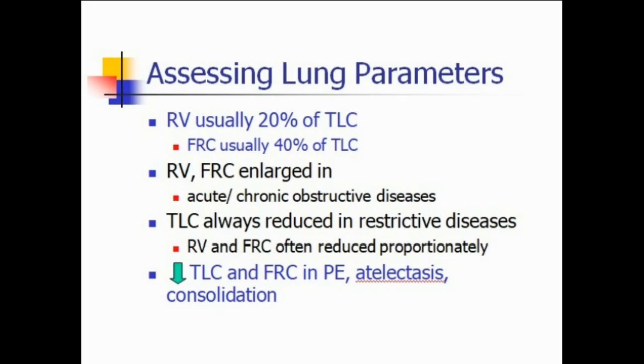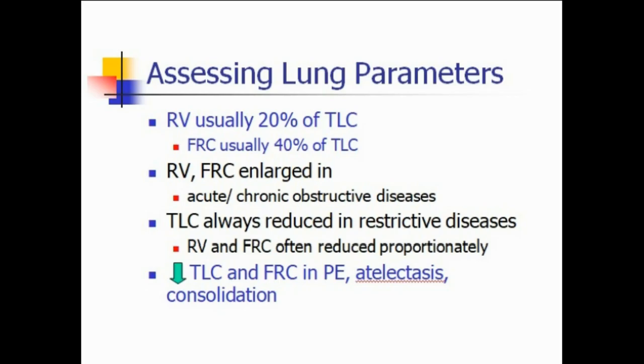That enlarged RV and FRC is important for us to identify the obstructive conditions. Now, that's not the only measurement, because we also have the flow measurements from the forced vital capacity. Those help us identify the severity of the obstructive condition.